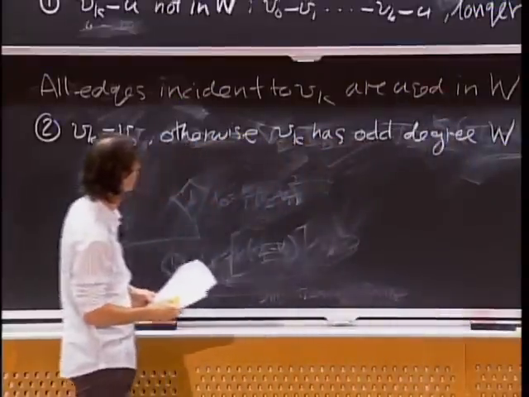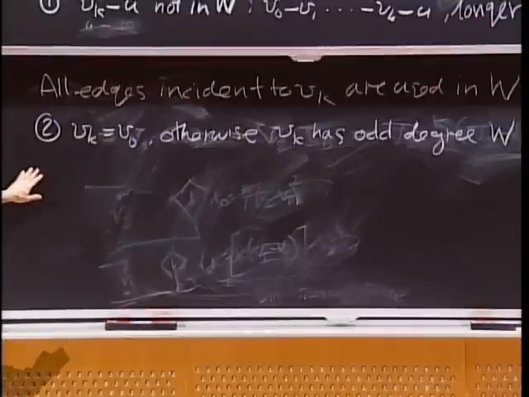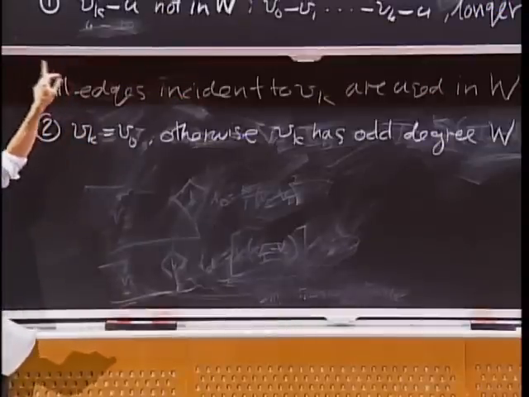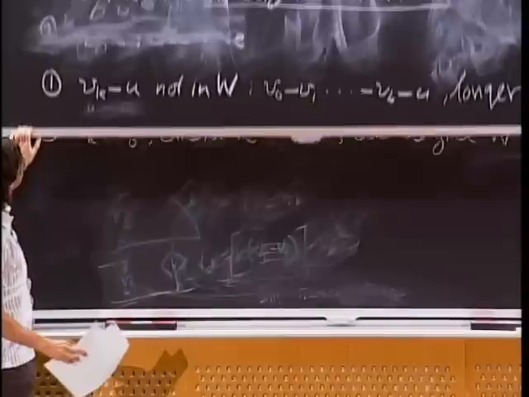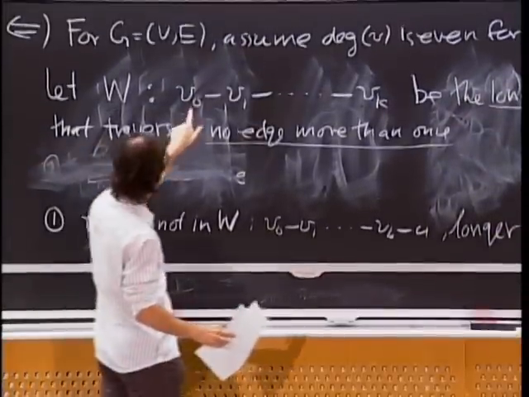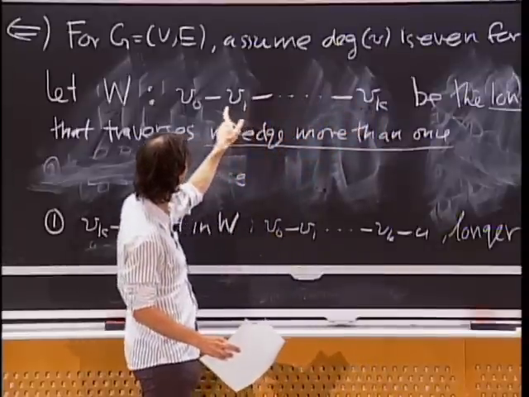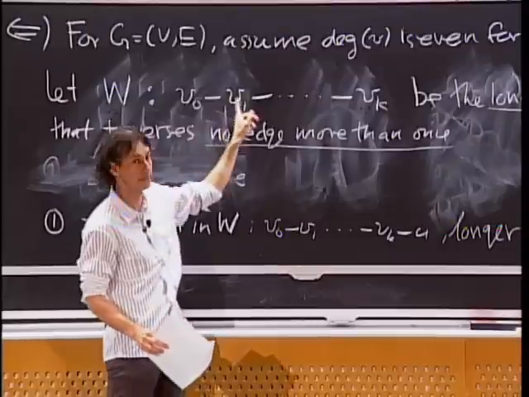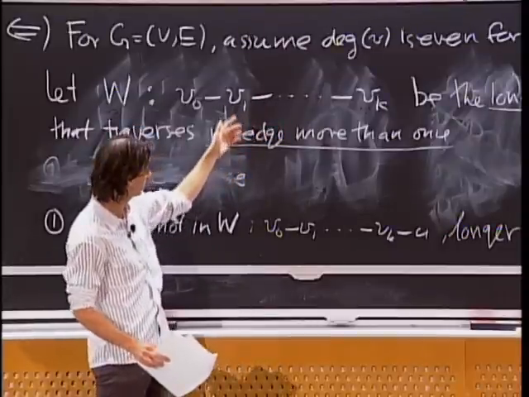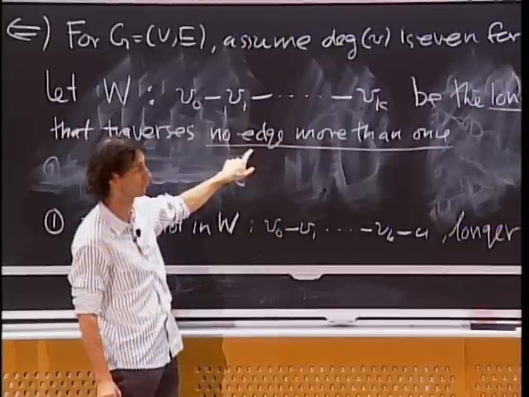So that's what we do now, because we really consider this walk. It's right here. So we see that if I have V0 unequal to Vk, then Vk may be repeated in this walk a number of times. Each time it is repeated, it has an incoming and an outgoing edge. And all these edges are different because they do not occur more than once.